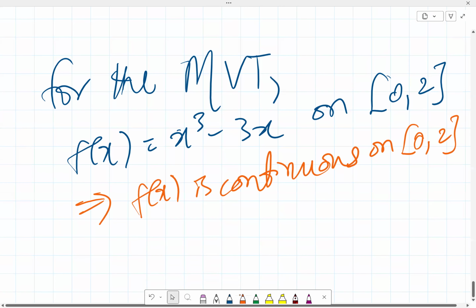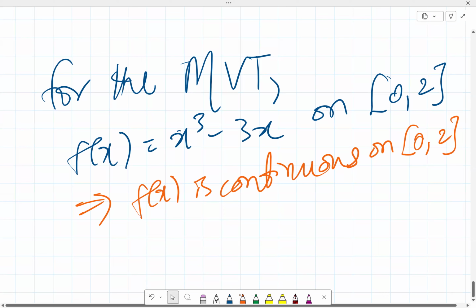And when it comes to differentiability, we have 3x squared minus 3. If you put 0, you have -3, which is a good answer. If you put 1, you have 3 minus 3, which is 0. That's a good answer also. If you put 2, 2 squared is 4, 4 times 3 is 12, 12 minus 3 is 9.